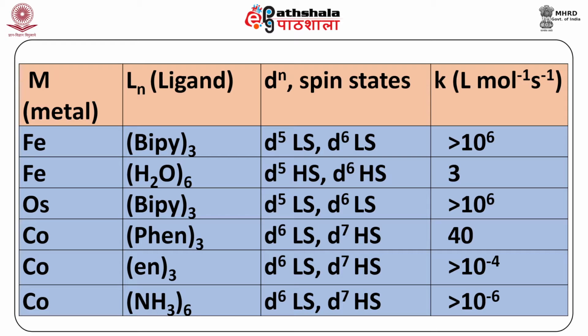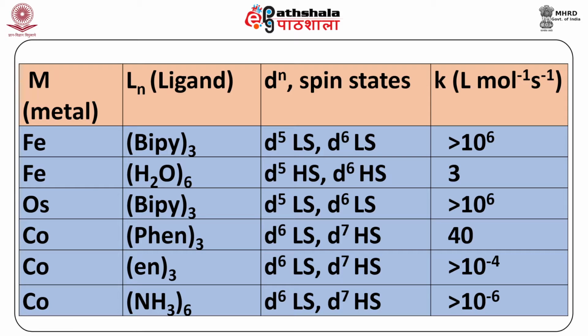Both are high spin, and for this reaction the rate is just 3, much slower than that of the bipyridyl substituted iron complexes. In a similar fashion, osmium contains the tris-bipyridyl system and is low spin for both osmium 2+ and osmium 3+, meaning d6 and d5, and the rate again goes above 10 to the power 6.